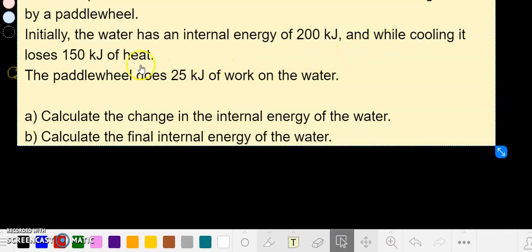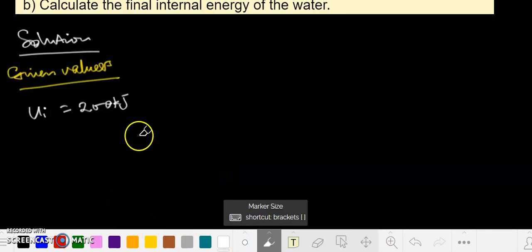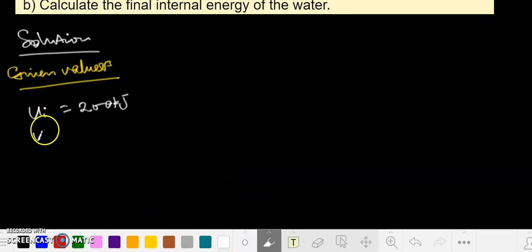So the work, the paddle well does 25 kilojoules of work. So we have the work on this system will be 25 kilojoules. The work on the system, W, is equal to 25 kilojoules. So the heat transfer, Q, let's refer back to the question.